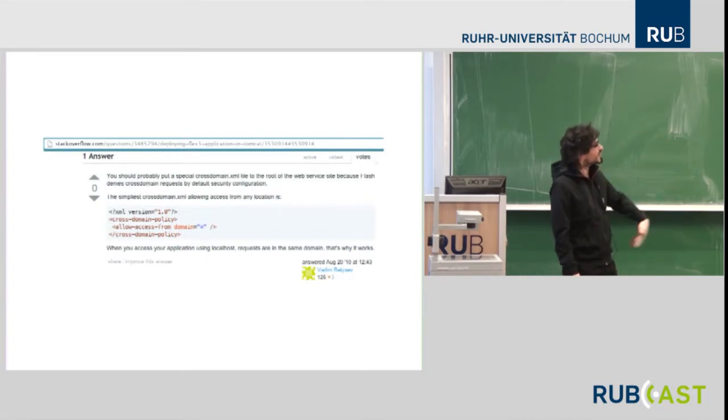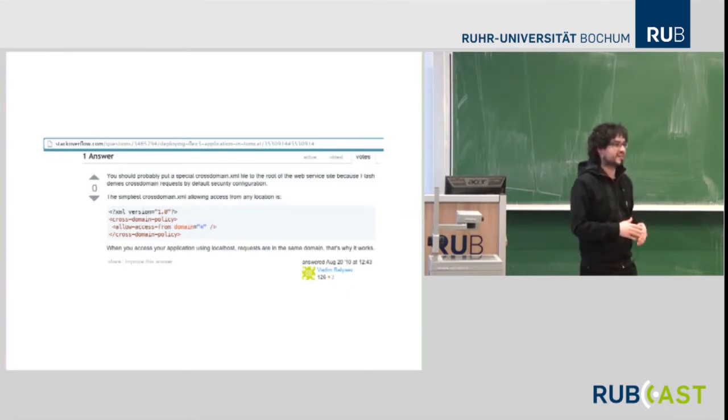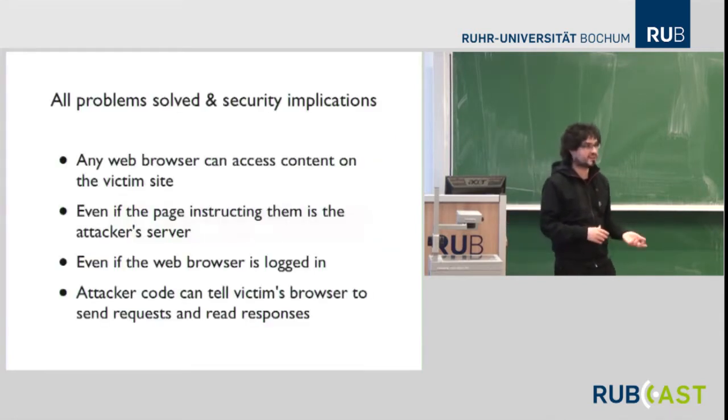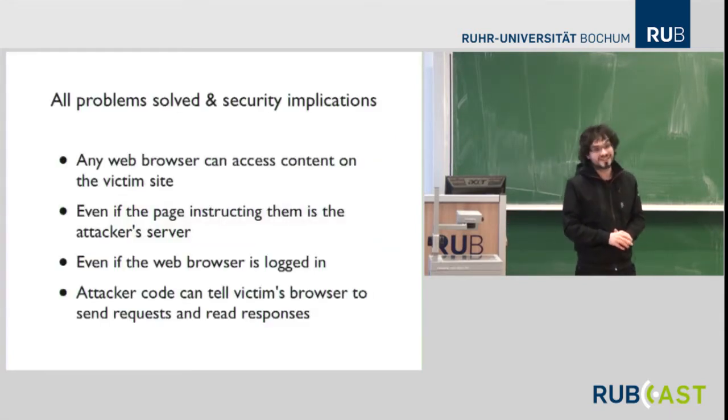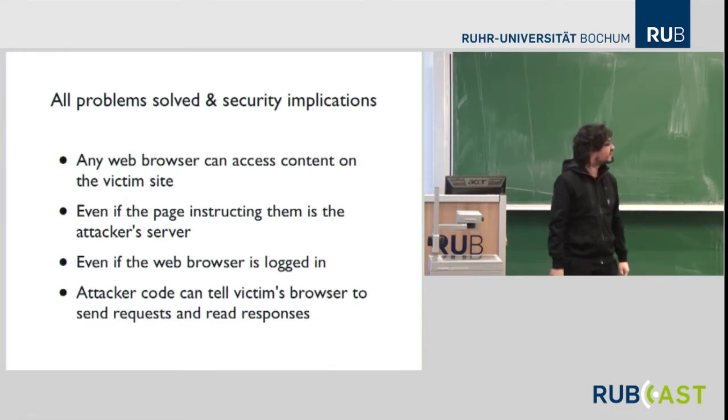And I looked up on Stack Overflow, and you find lots of problems with these sorts of issues, and the answers tend to be: use this piece of code, put it on your web server, use this XML file, and all your problems are really solved, except for the security problems which you just created. So it's a bit of a black or white sort of solution.